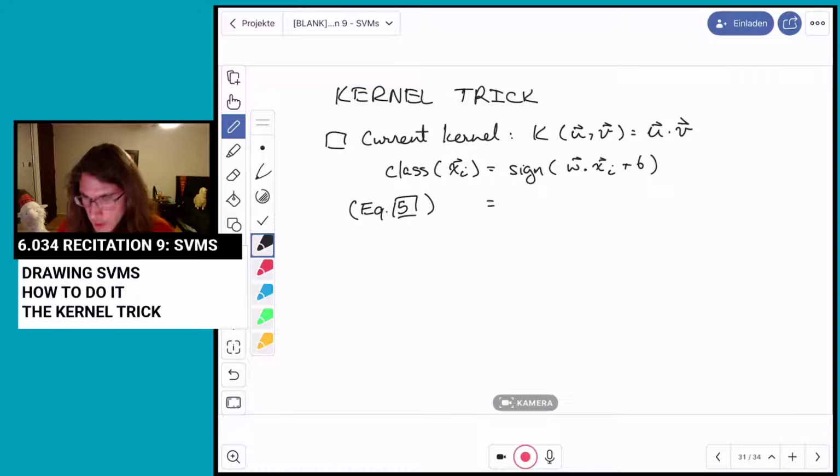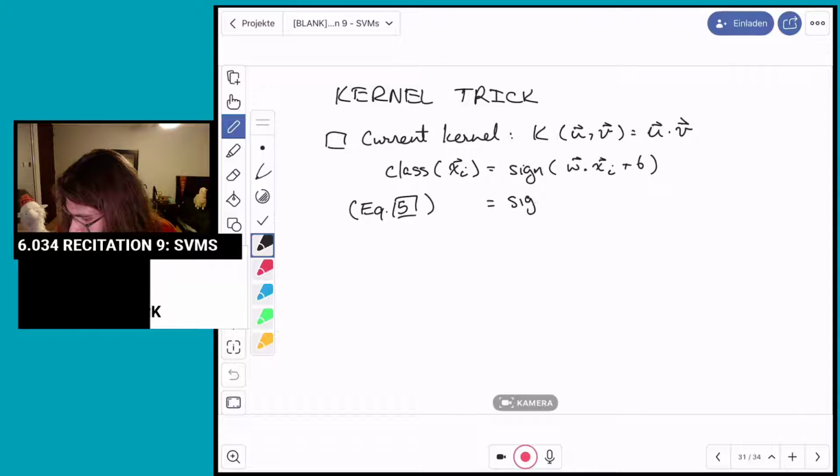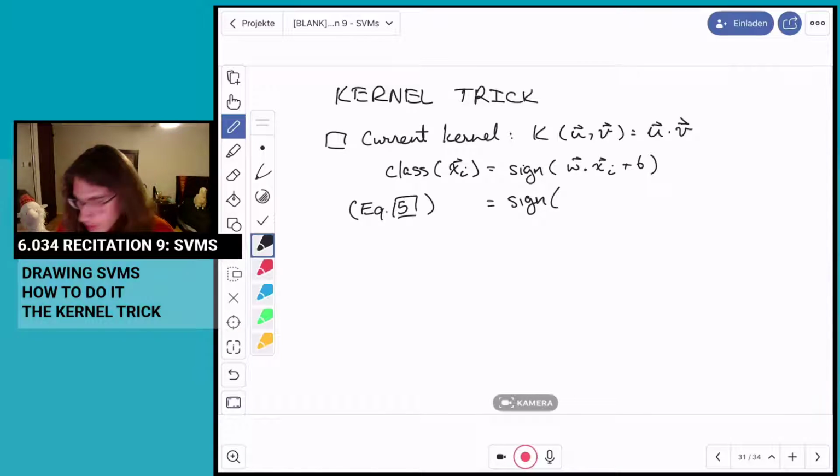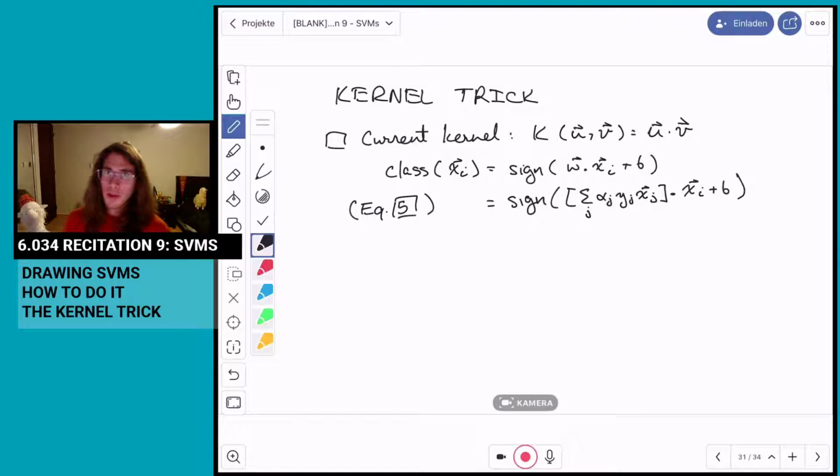So I'm just going to plug that in. The sign of the sum over the support vectors j, alpha j, times the classification yj, times the point itself xj, dot product with xi plus b. All I did was plug in equation number 5.